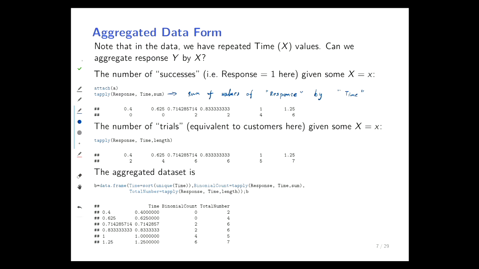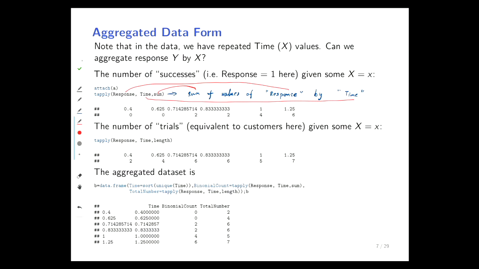So here you can see how to allocate those arguments in this function. Because we consider the sum, we are going to have sum here. And also, we consider the sum of response, so we have the response argument here. And the last one is time. We consider to get the sum of the response by time.